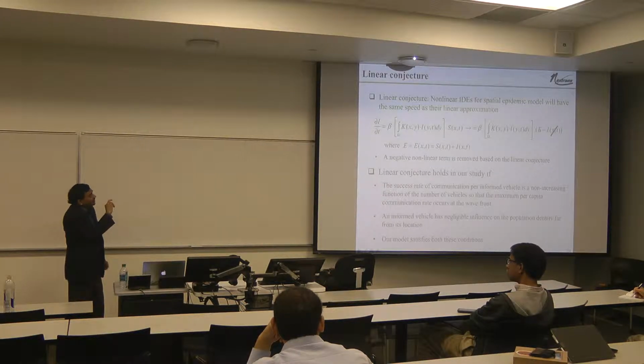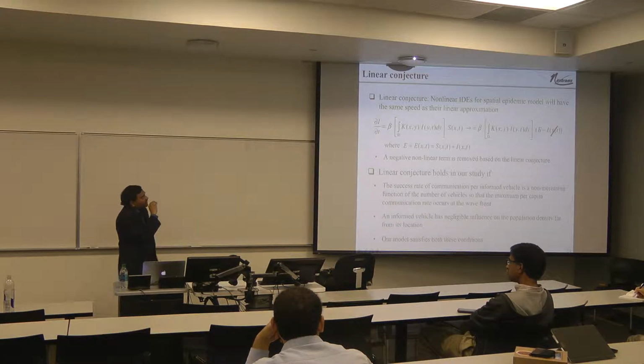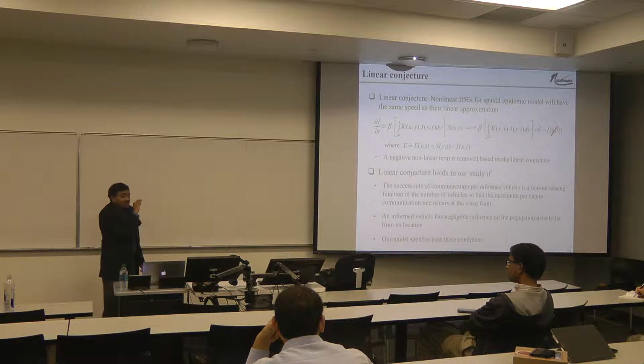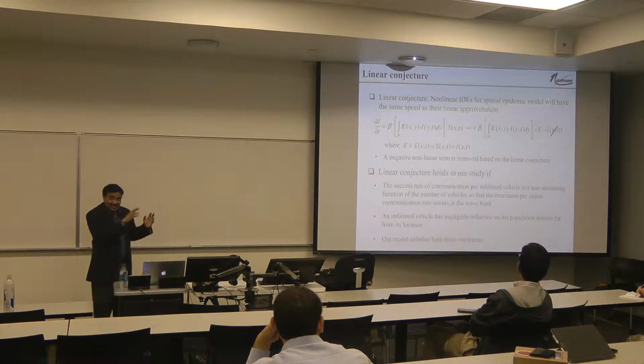Then they show that the solution can be obtained in a more convenient way. There's a negative nonlinear term that can be removed, which allows them to solve the problem more easily.